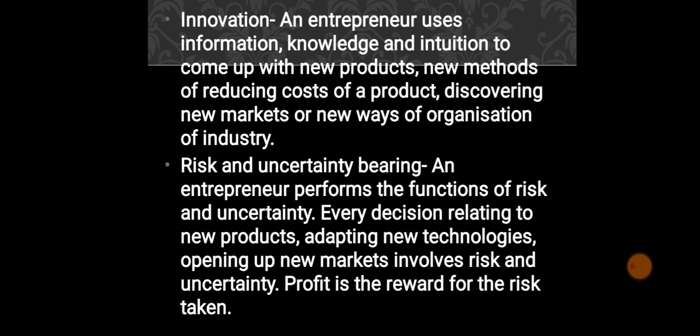Whatever decision relates to a new product, adapting new technologies, or opening up new markets always involves risk. Whatever decision the entrepreneur takes might not always be successful. Sometimes there will be unsuccessful decisions. So there are always risks while taking decisions and running an enterprise. So this risk is borne by an entrepreneur.